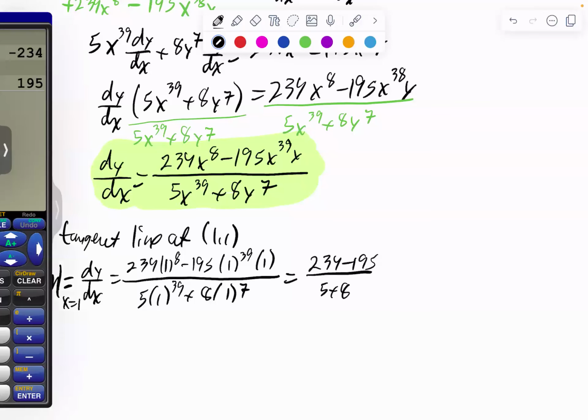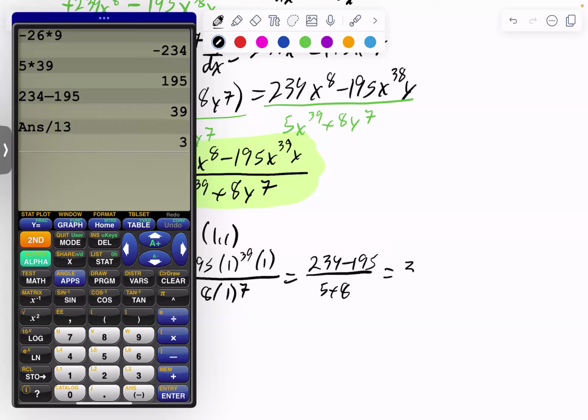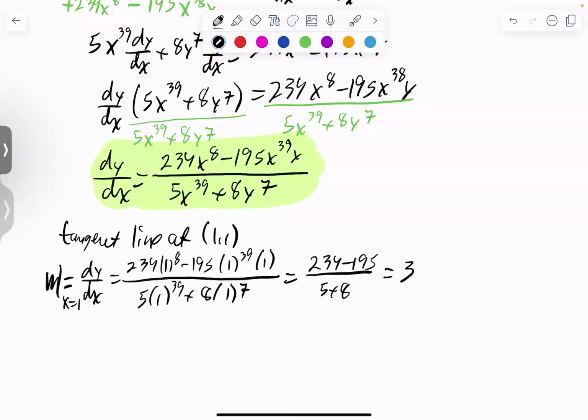Let's see what we get. 234 minus 195. And that becomes 13 divided by 13. So of course, very nicely, we get a slope of 3. Yay. I now need to figure out, so I have a point at 1, 1, and I have the slope of 3, so y equals mx plus b.